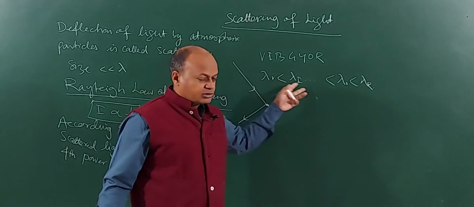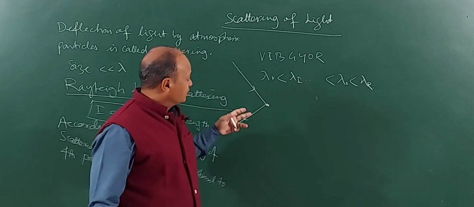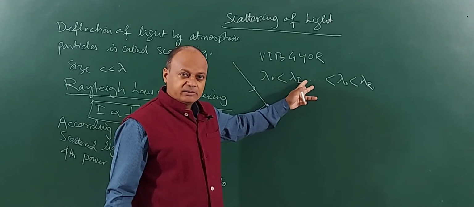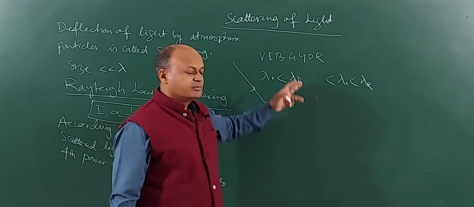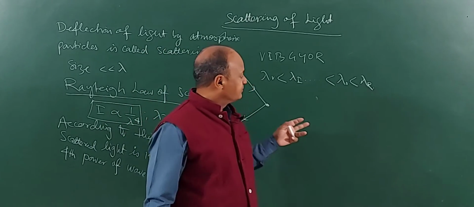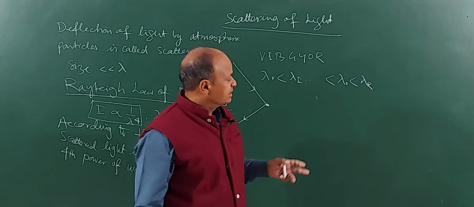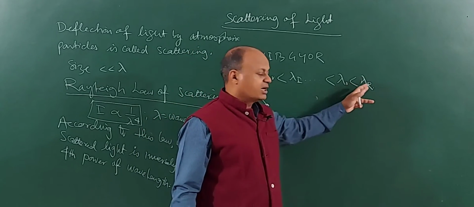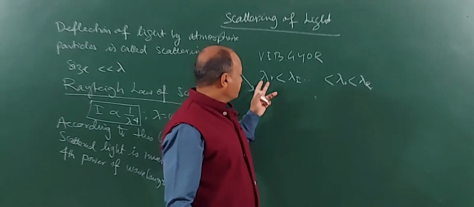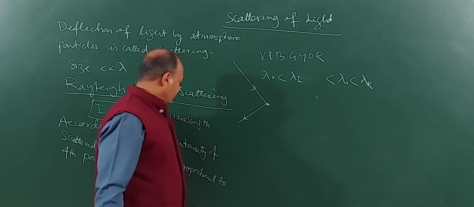So you can see, as you go up the series, violet has minimum wavelength followed by indigo and blue. These three colors have nearly the same value for wavelength. And if you go up the series, then you can see that orange and red have nearly the same wavelength, meaning violet has minimum wavelength and red has what? Maximum wavelength.